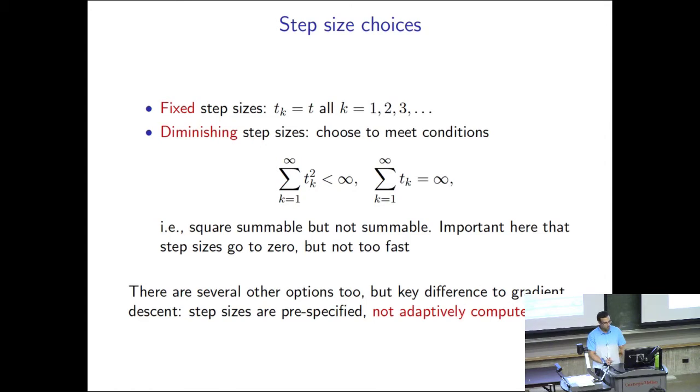There are a bunch of rules that have some kind of growth condition on these step sizes, but I don't know of any that adapt to more specific properties about the function. There's another question up there. Okay.